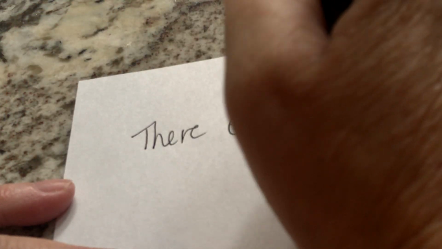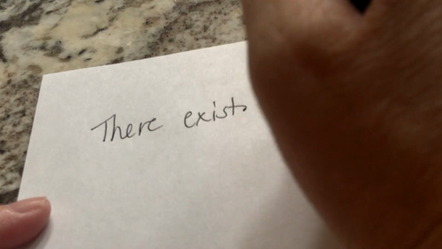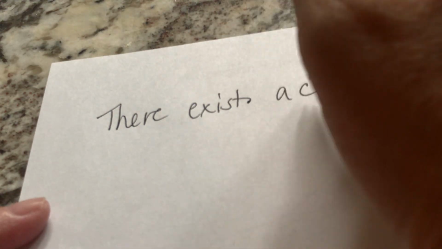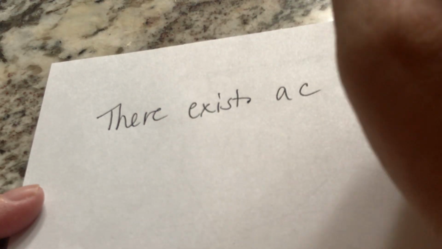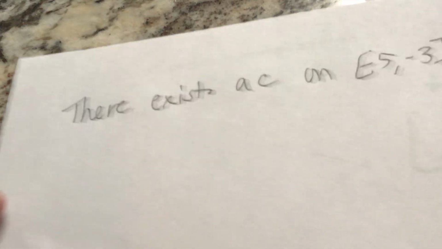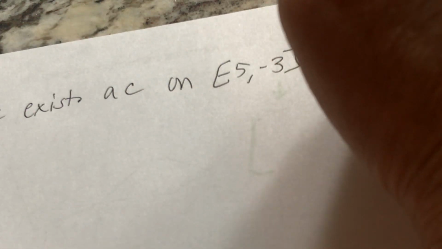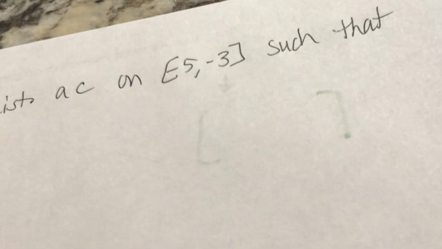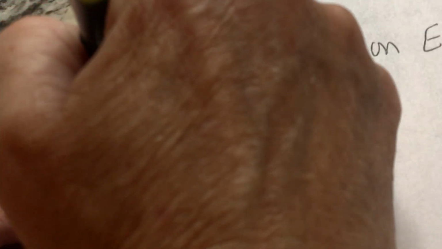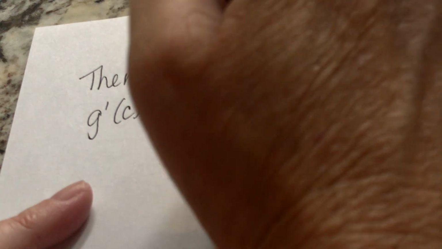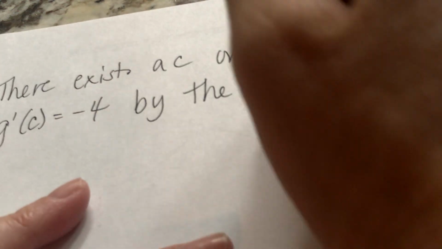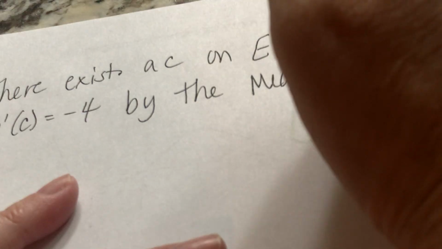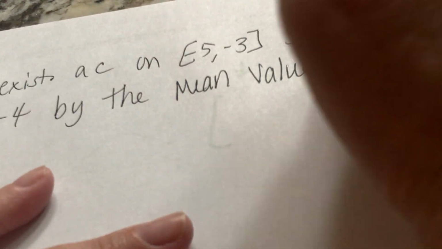There exists a C. It's a space C, not like air conditioning. There exists a C on -5 to -3 such that G prime of C equals -4 by the mean value theorem.